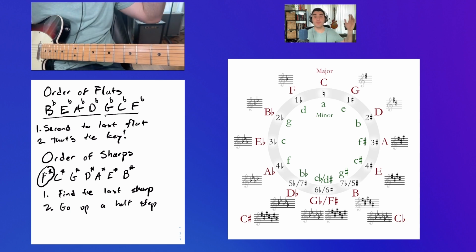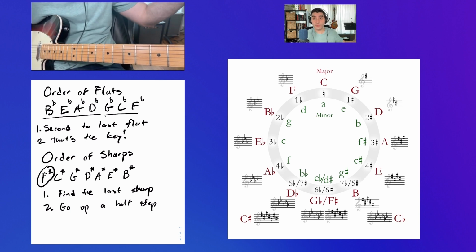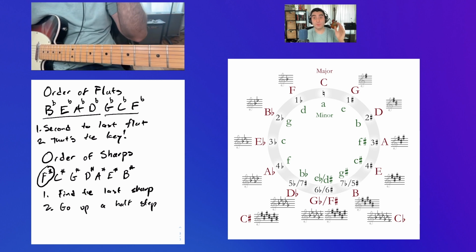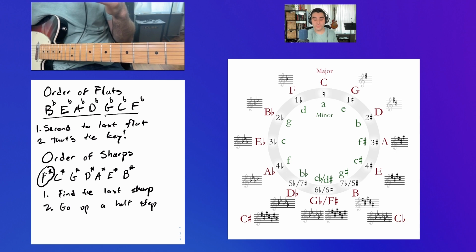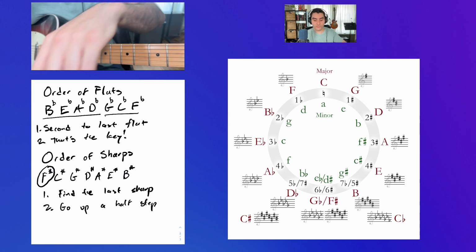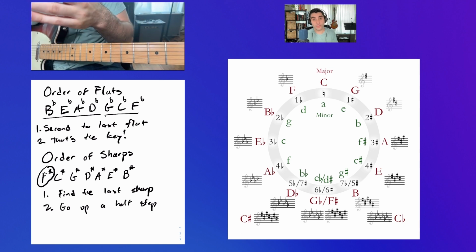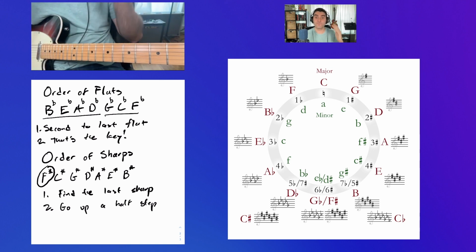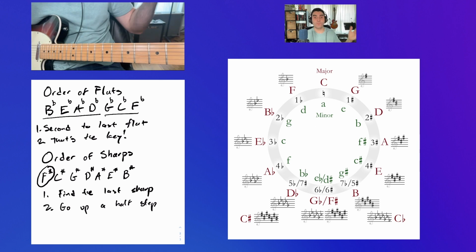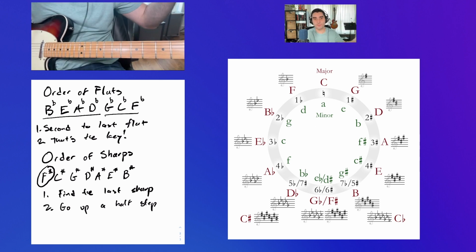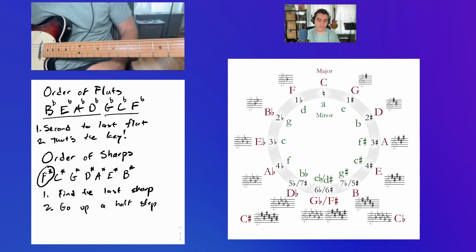By the way, you don't even need to know how to read music to understand this, because if you just count how many sharps are in a key signature, that will tell you which ones to take, as long as you memorize the order of flats and the order of sharps. If there's only one sharp, it's always going to be F sharp, the first one in the order. Or if there are 5 of them, you take the first 5. It's never going to be one random sharp from the middle. It always starts from the beginning.